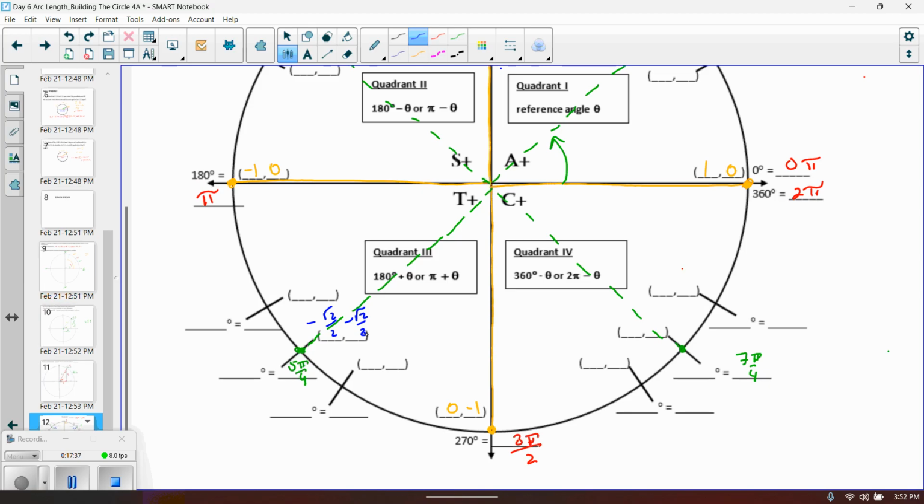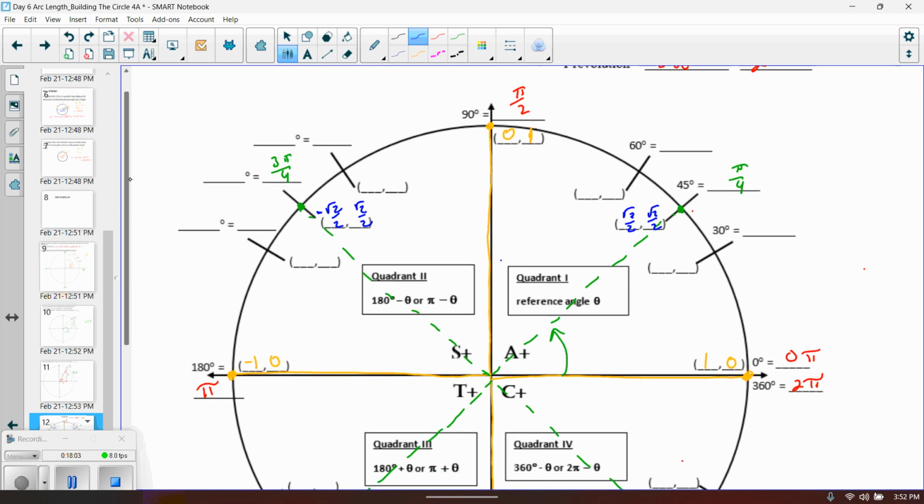And then in the lower right-hand quadrant, it's still square root of 2 over 2, square root of 2 over 2, but this time it's the y value that's negative because it's down. So that's a negative y value. Try and write that a little bit neater. Negative square root of 2 over 2. There we go. And the x value is positive.